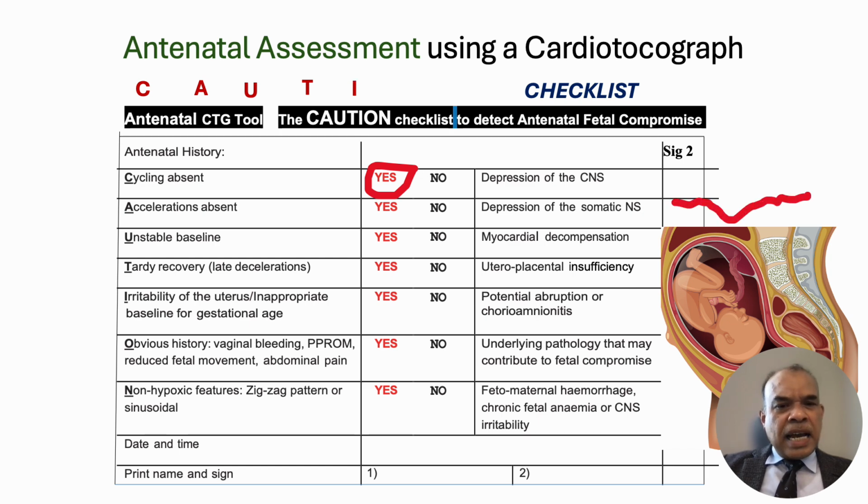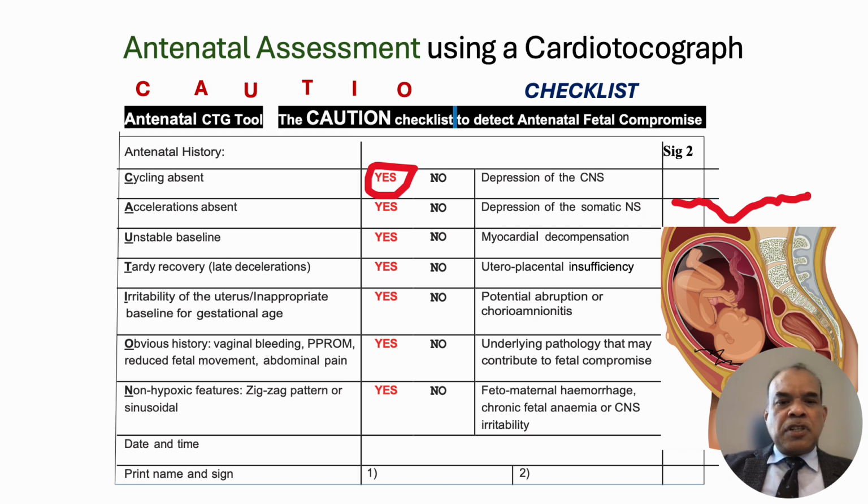So then we have irritability of the uterine myometrium, which is very crucial because both fetal maternal hemorrhage, concealed abruption, and chorioamnionitis can present with uterine myometrial irritability.